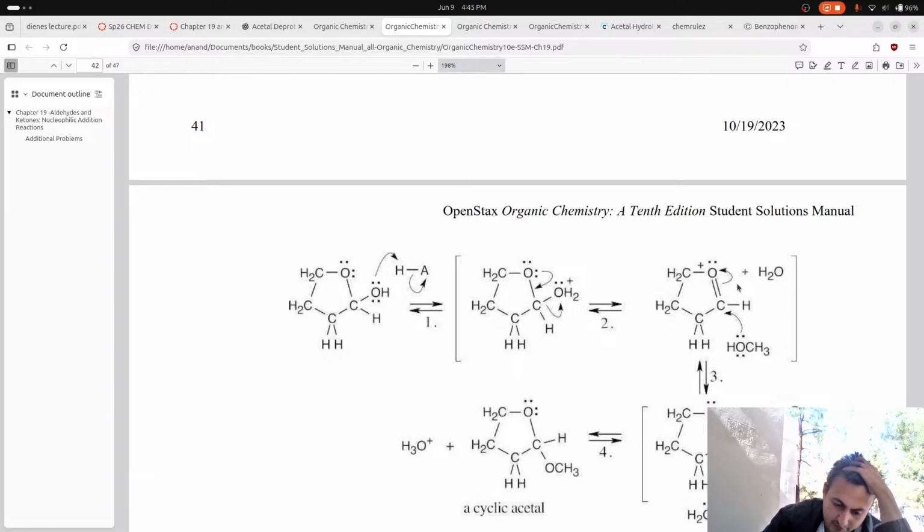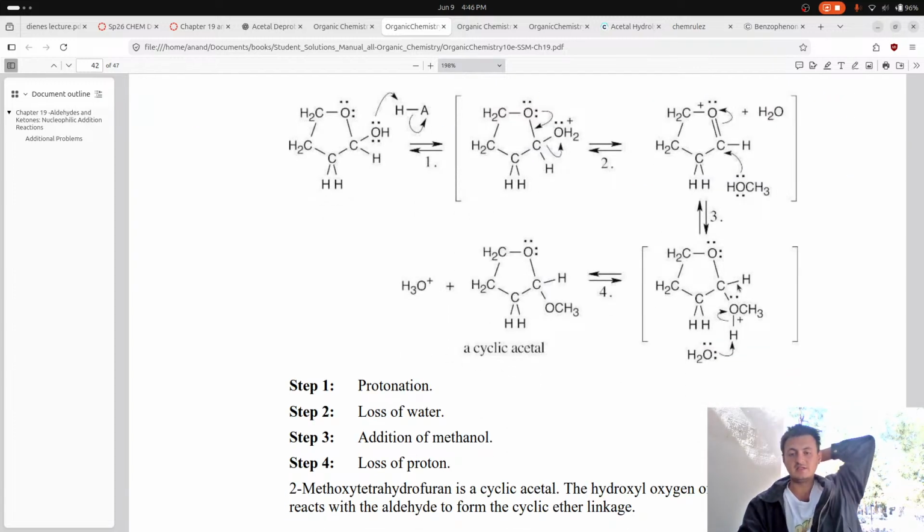Oh, right. It's not going to attack this plus. Why would it attack this plus? It's going to attack this. Electrophile. Okay, that one's easy. Cyclic acetal. That's actually really cool.